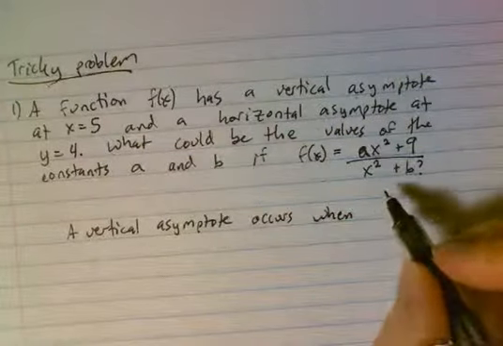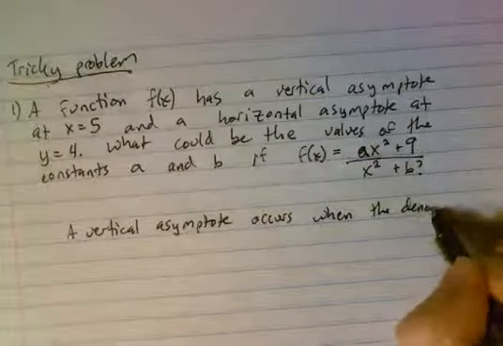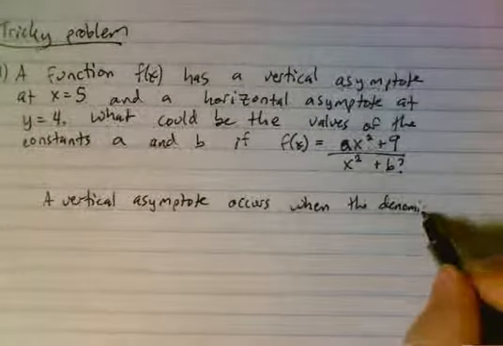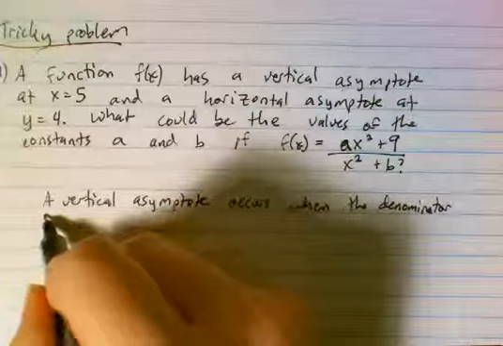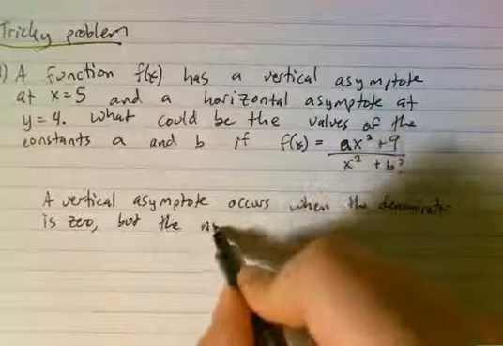So a vertical asymptote occurs when the denominator is 0, but the numerator is not.